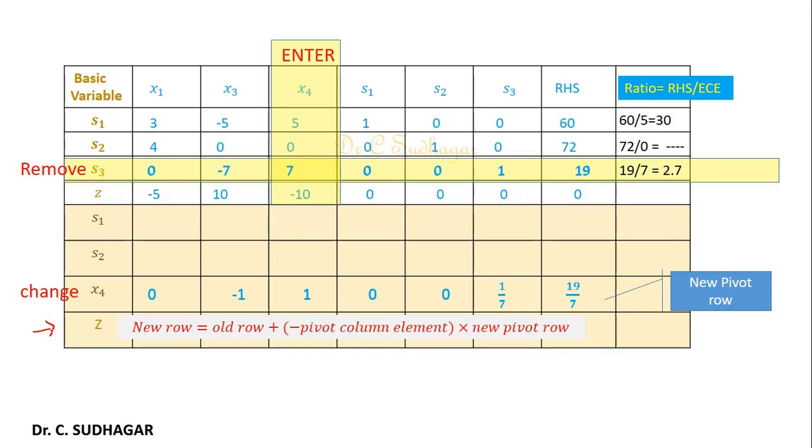This is the formula I am going to use for the rows S2, S1 and Z. So the new pivot row has a different rule and the other three rows have this same rule. For all three calculations, hereafter we are going to use this row. This is the new pivot row. Now take the elements from the new pivot row.